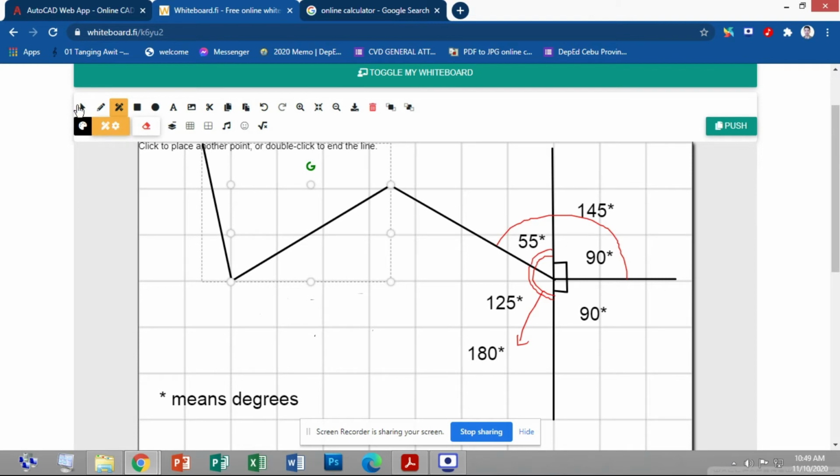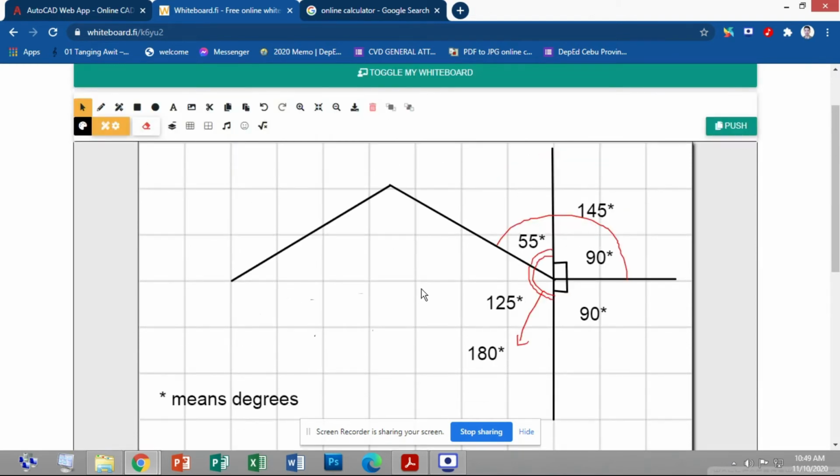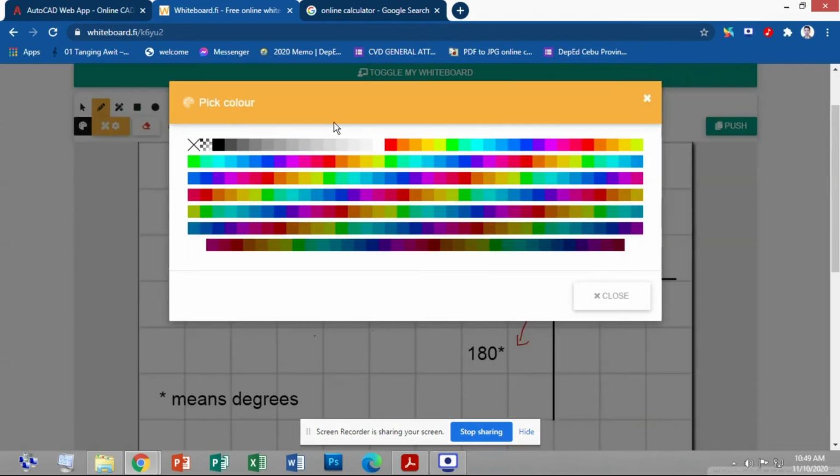Ganyan siya. Notice na yung 110 is hanggang dito lang.